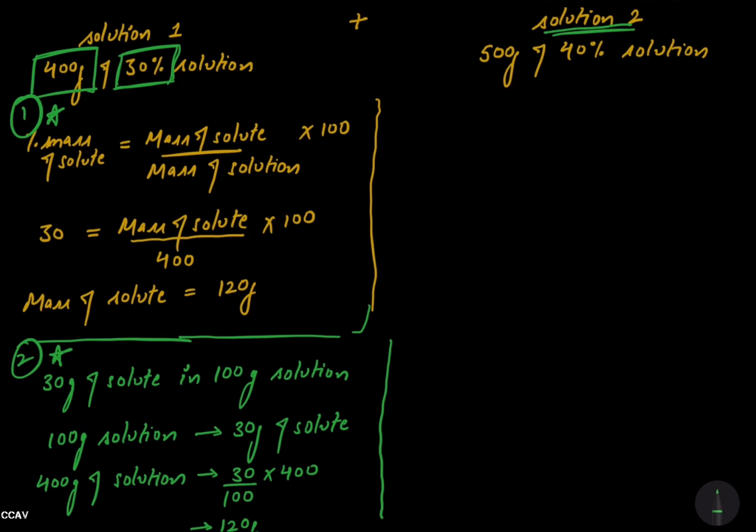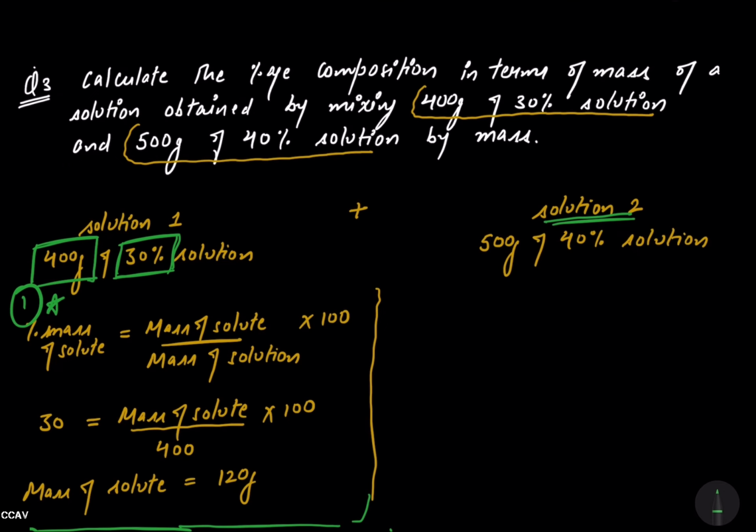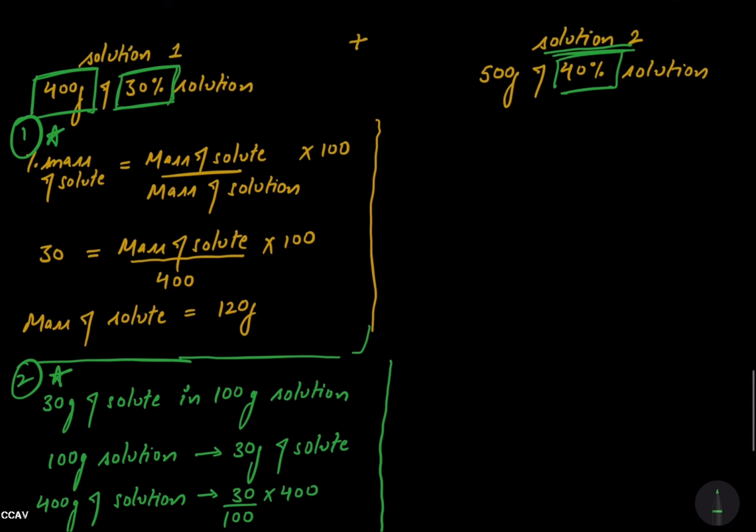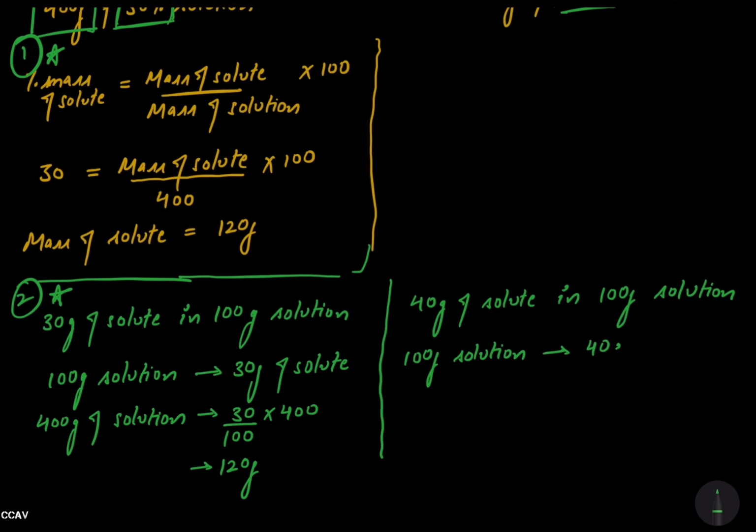So let's solve it. Now the second one is 40% solution. 40% stands for 40 grams of solute in 100 gram solution. That means 100 gram solution possesses 40 grams of solute.